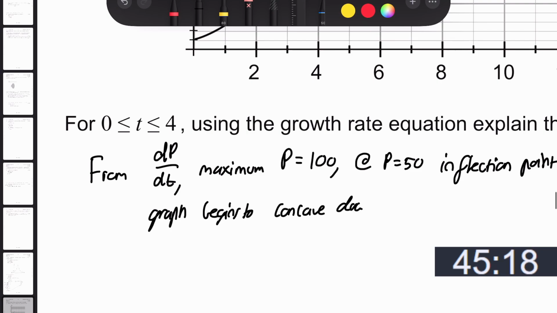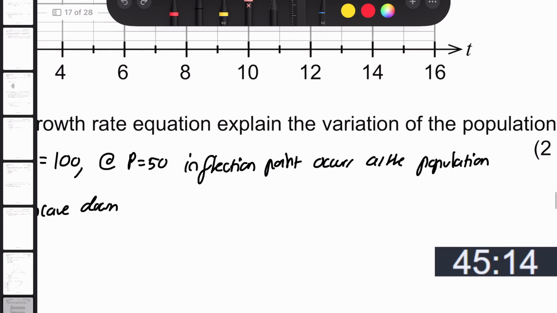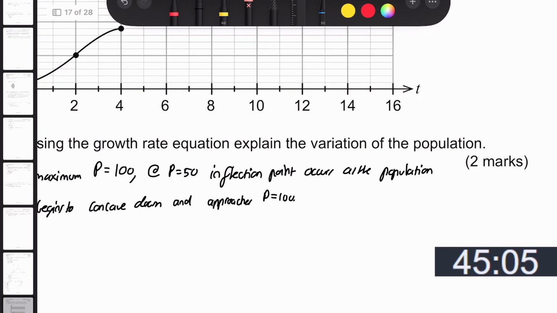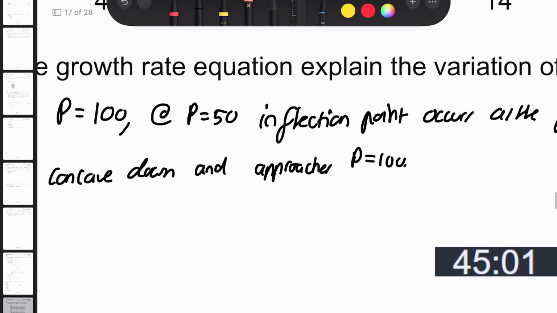Concave down when approaching P equals 100. So here I'll say growth slows down.